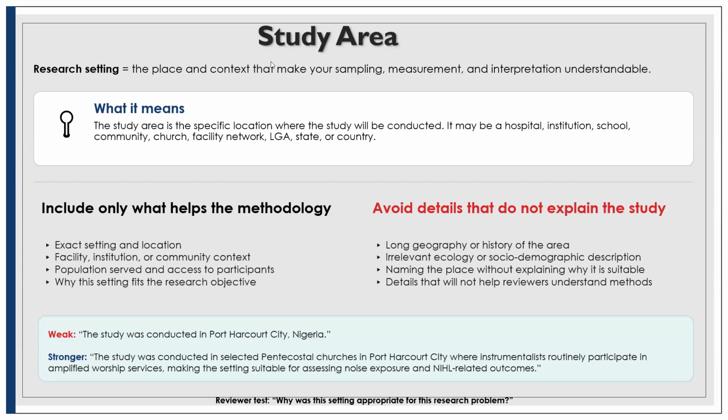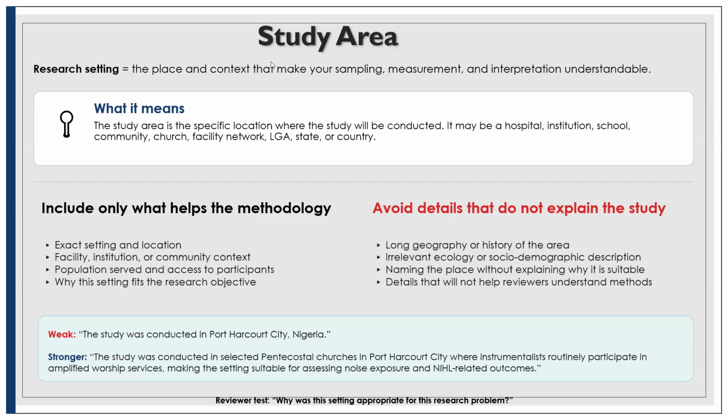So there are details you have to avoid, because oftentimes I've seen research methodology, the component that has to do with your study area or your research setting, where the student just keeps writing and writing and writing. Instead of focusing on the exact setting or location, they start talking about the long geography and history of the area.